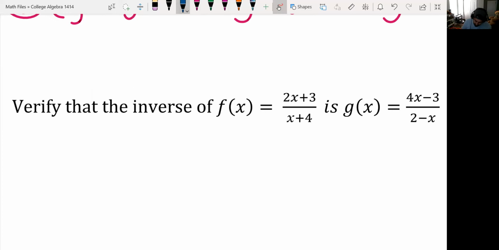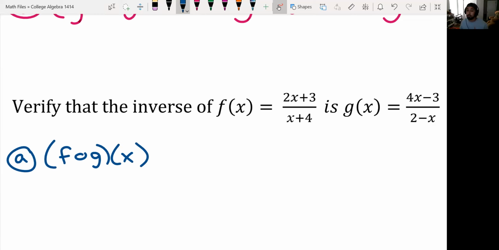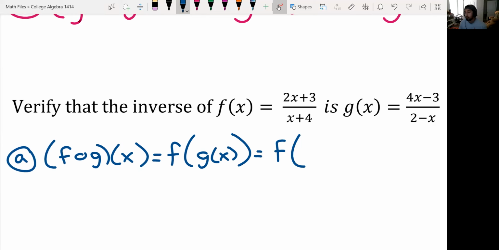So A, we're going to say f compose g of x. And then we get f of g of x. And then you'll get f of, and g of x is 4x minus 3 over 2 minus x.